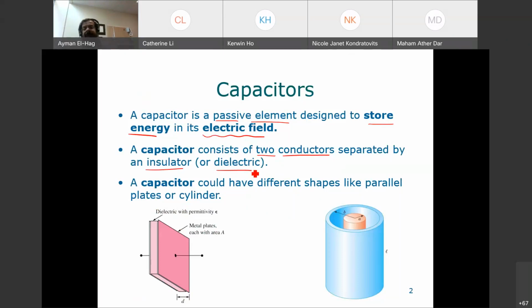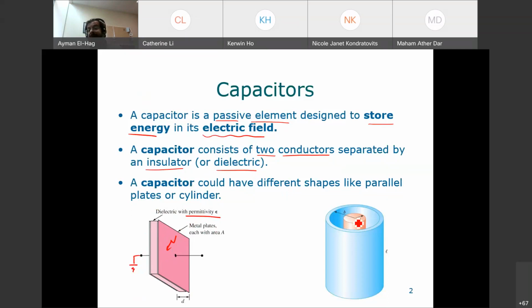Now, a capacitor could have different shapes. For example, here, the parallel plate: one side will have the high voltage connected to it, the other side will be grounded, and in between there is a dielectric material. We will see the permittivity in the coming slide.